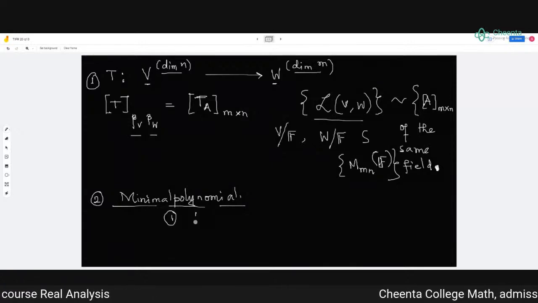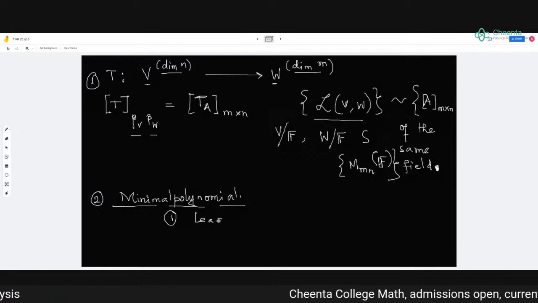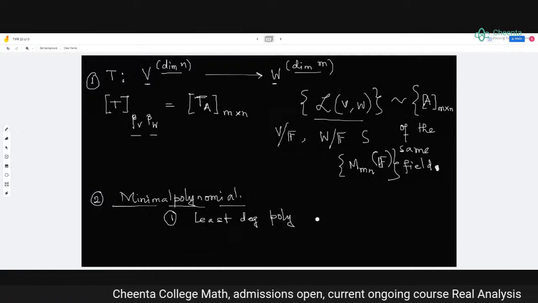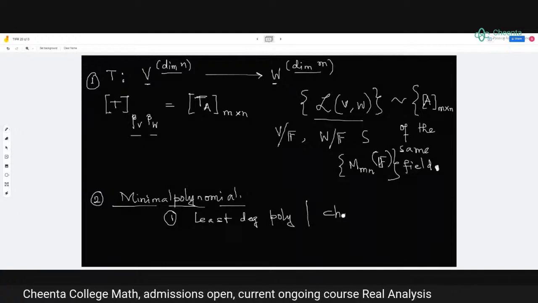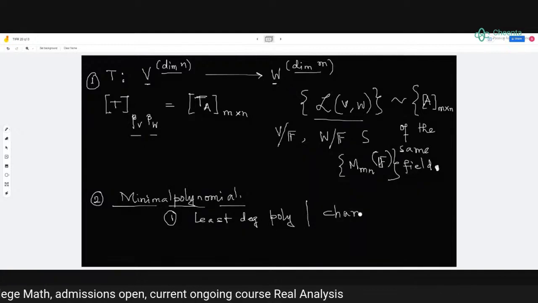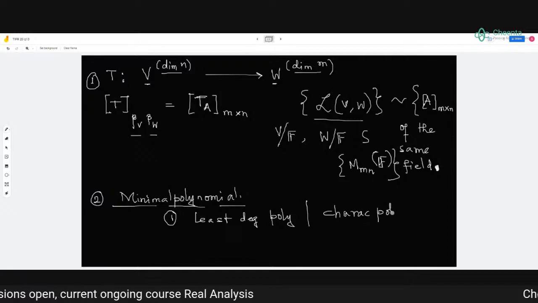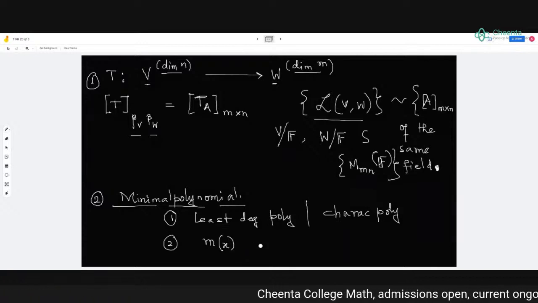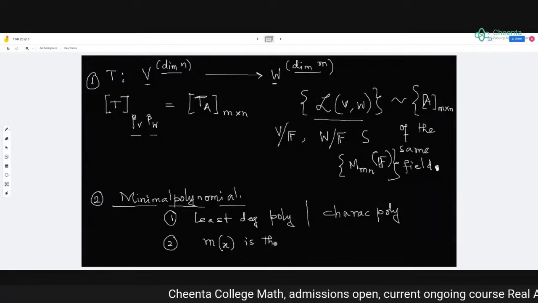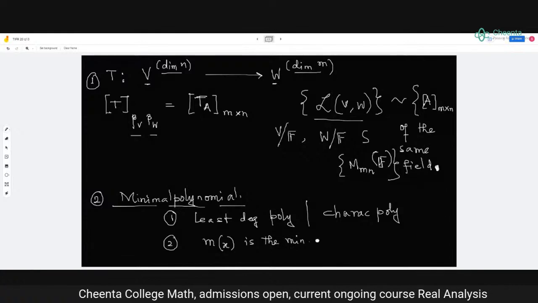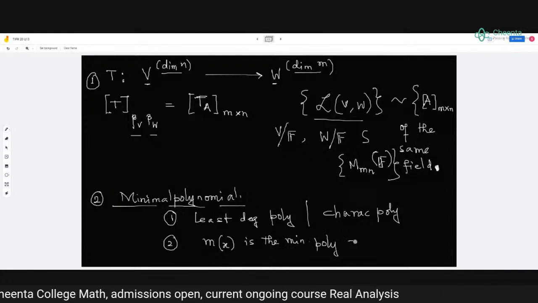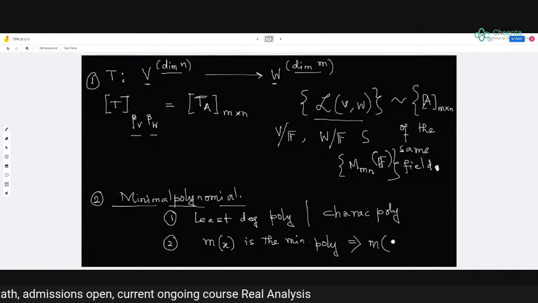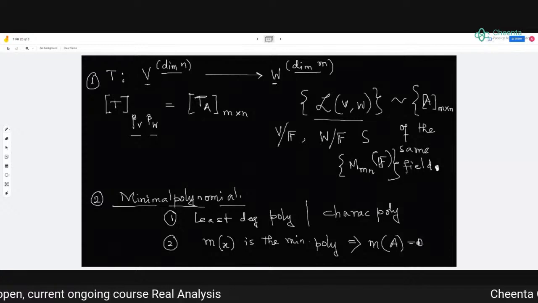First, the minimal polynomial is the least degree polynomial that divides the characteristic polynomial. Secondly, if m of x is the minimal polynomial, this implies m of A is 0.